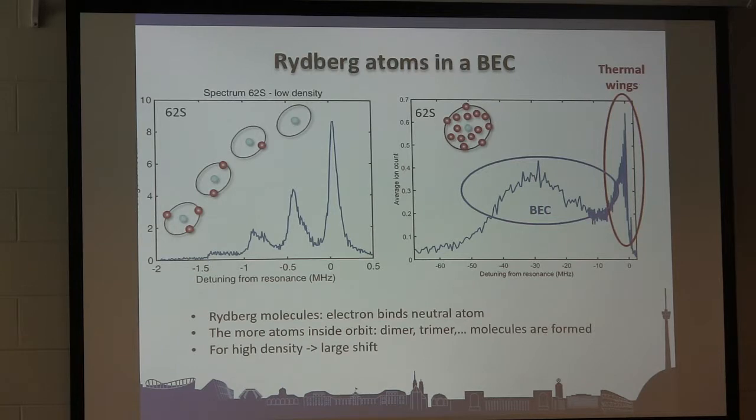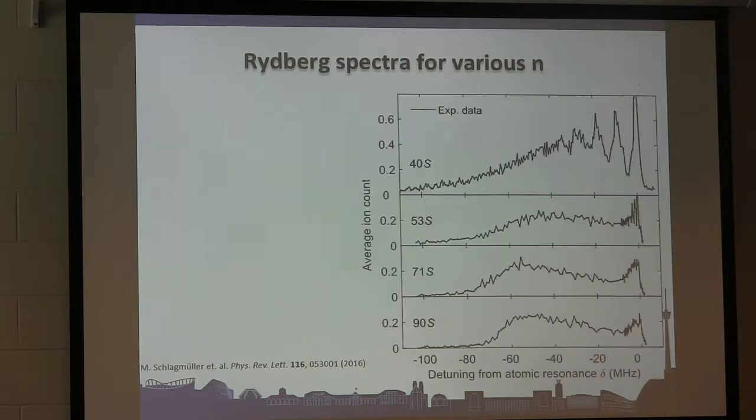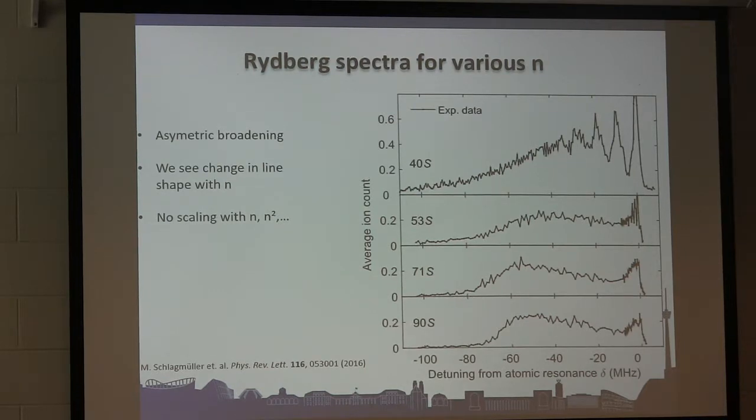And now we were wondering how to explain this large shift, and so we compared different main quantum numbers and what this shift looks like, and we find that the line is asymmetric, and that basically the main amount of shift stays the same for all n quantum numbers.